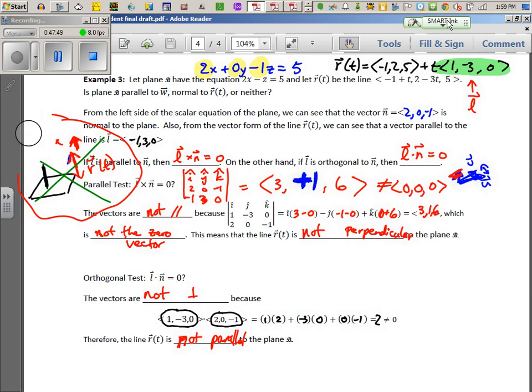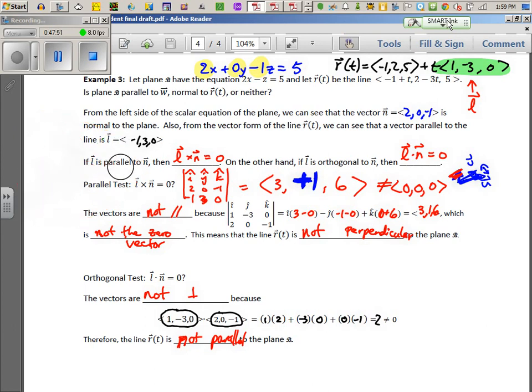Okay? The second drawing is we've got this plane and a flagpole sticking out, right? And we have this line. We're suspecting, well, or at least wondering, is the line R of t perpendicular to the flagpole? So we'll pick a little vector in here called L. Is L perpendicular to the flagpole N?